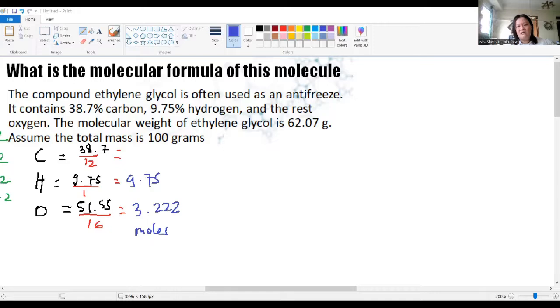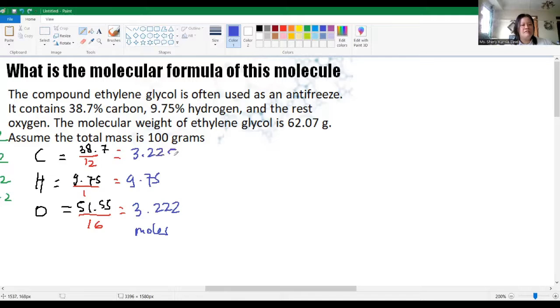Okay, and then I will calculate the carbon. The carbon is 38.7 divided by 12. That is 3.225. Okay, this is very similar. Just write it as one.